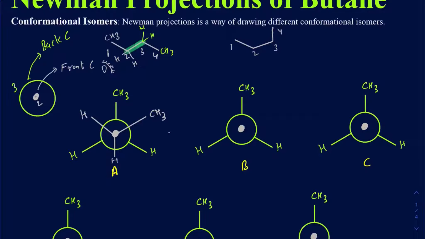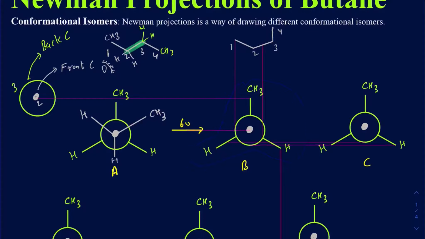So now what I'm going to be doing, I'm going to be rotating those by 60 degrees each time. So let's do a 60 degrees rotation here and see what we're going to be getting. So let me just move this a little bit to the right side. When I rotate it by 60 degrees, keep in mind I'm only rotating the front carbon and keeping the back carbon where it is. So when I rotate this front carbon by 60 degrees clockwise, your CH3 technically is going to be coming down here.